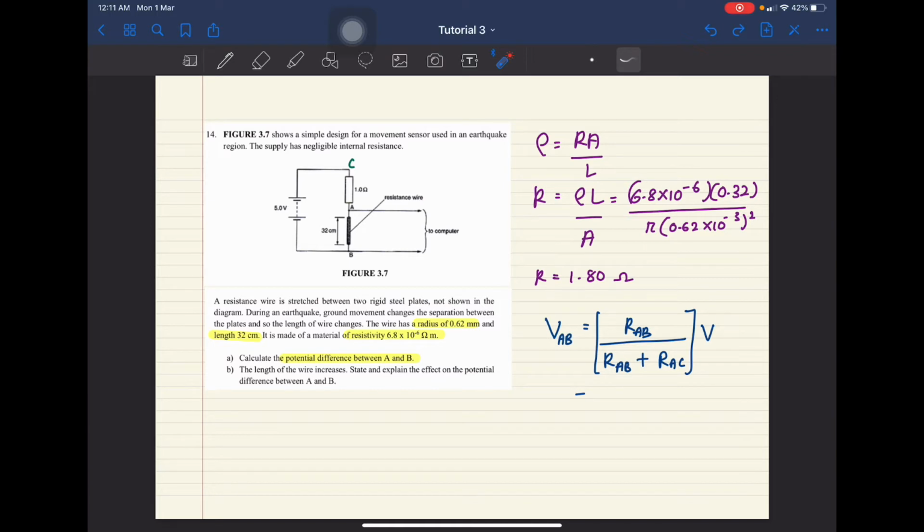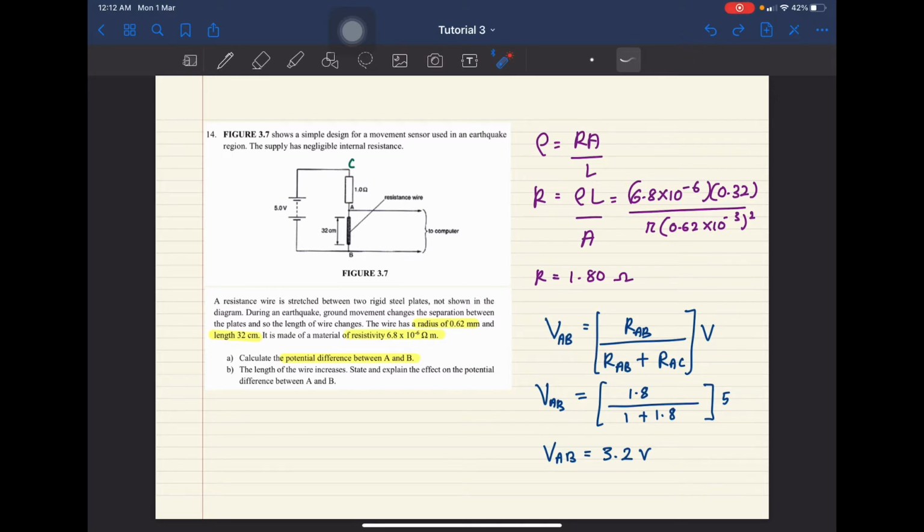I just write that as V. Substitute the values, which is 1.8, RAB is 1.8 plus 1 down there, and multiply with 5. The 5 is actually from the terminal voltage there. So press your calculator, you should get 3.2 V.